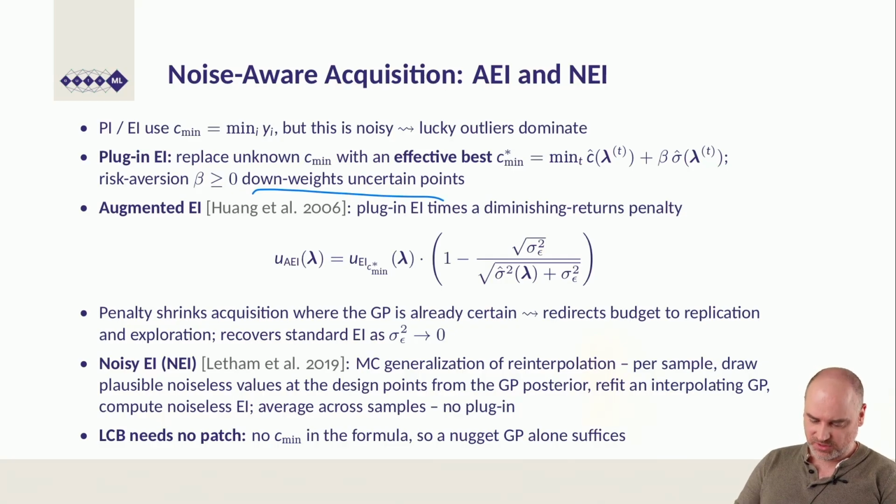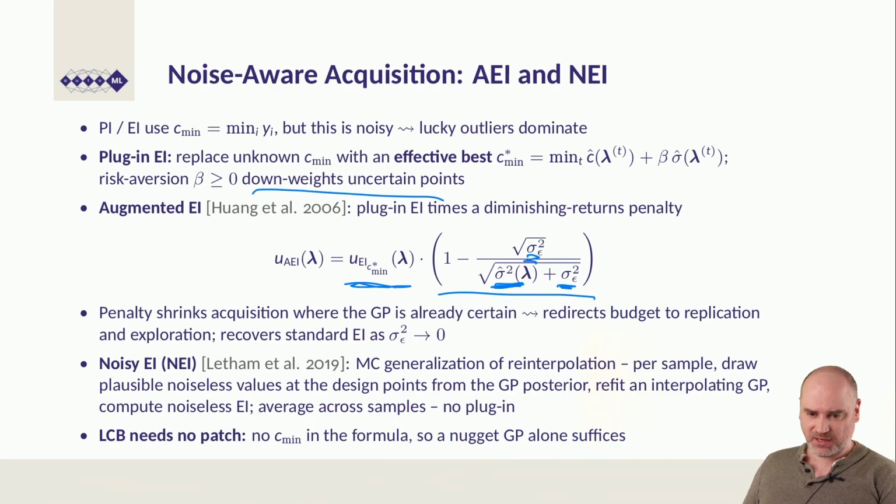And that uses exactly the expected improvement now with this changed effective best, C star min. But it also uses a correction factor here, which is based on the posterior uncertainty, but also on this estimation of the variance term sigma squared epsilon, which is sometimes also called the nugget effect in Gaussian process regression.